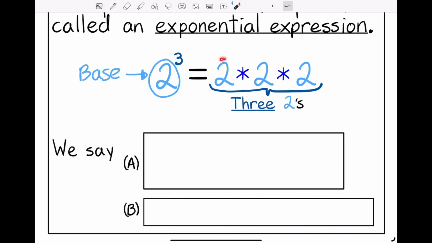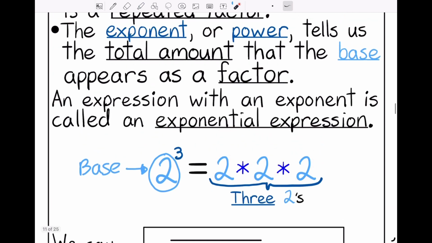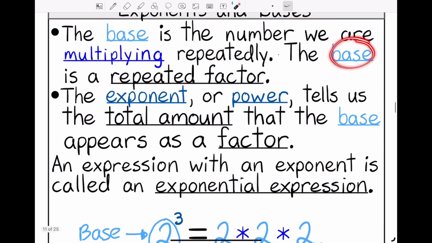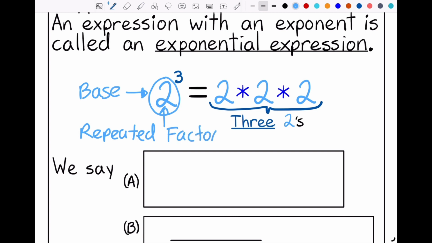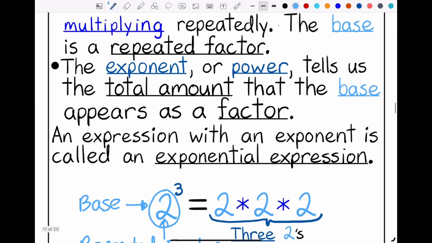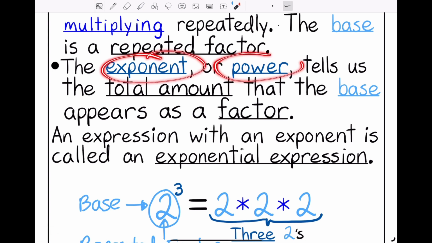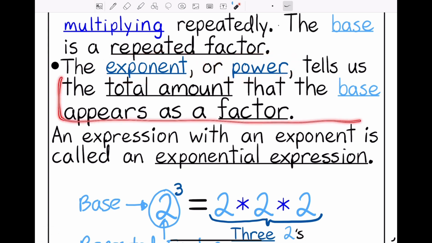And since we're multiplying 2 repeatedly, we often like to call the base a repeated factor. So in our example, 2 is our repeated factor. And let me write that down. Repeated factor.